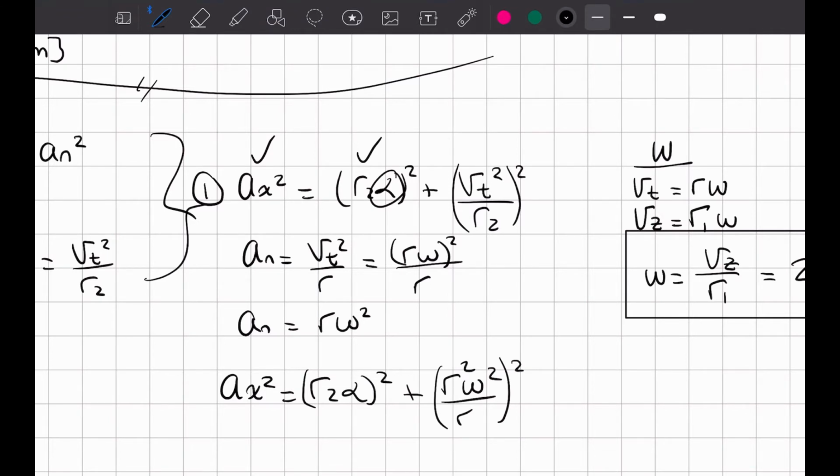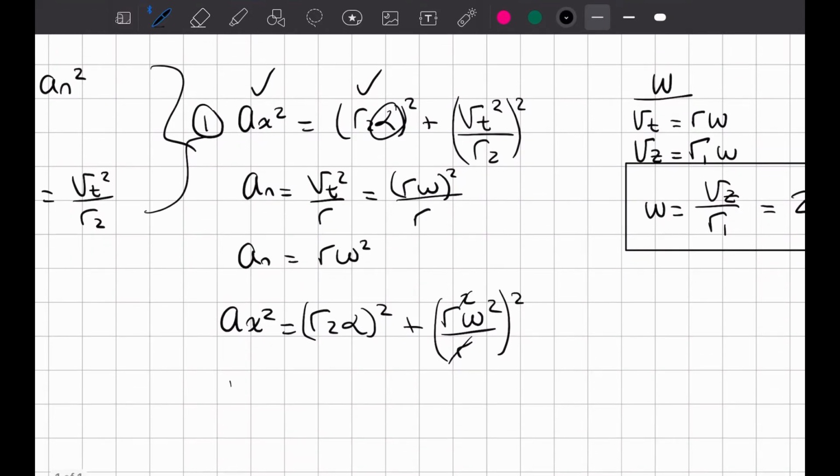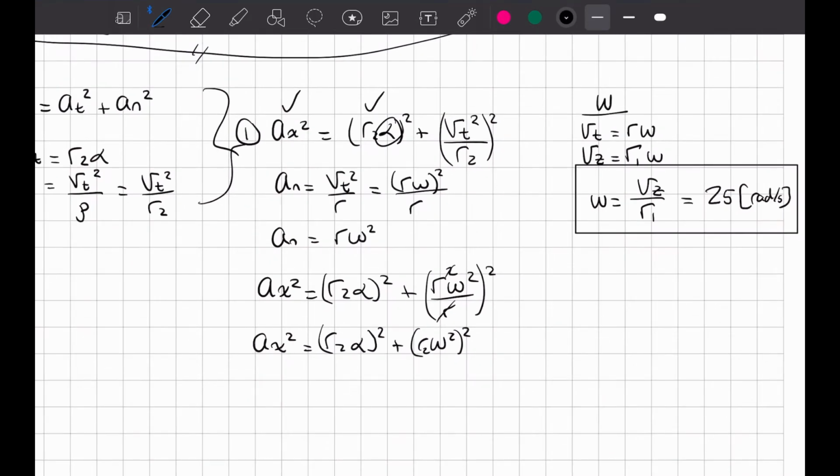Okay? And you can see that these r's are just going to cancel out. So I'll just rewrite that again. Okay. So now if we just rewrite our equation, solving for alpha, we're going to take ax squared. We're going to subtract that term on the right. Don't forget to square it.